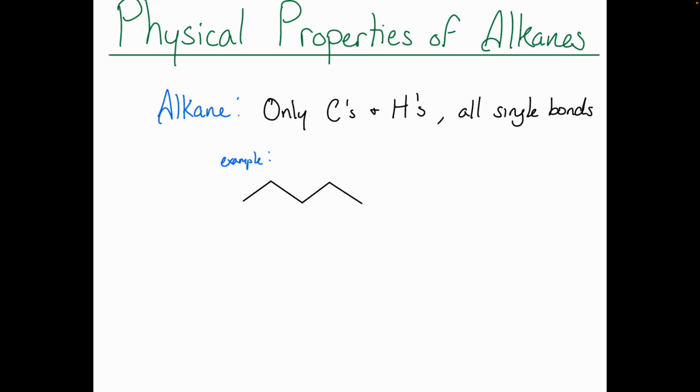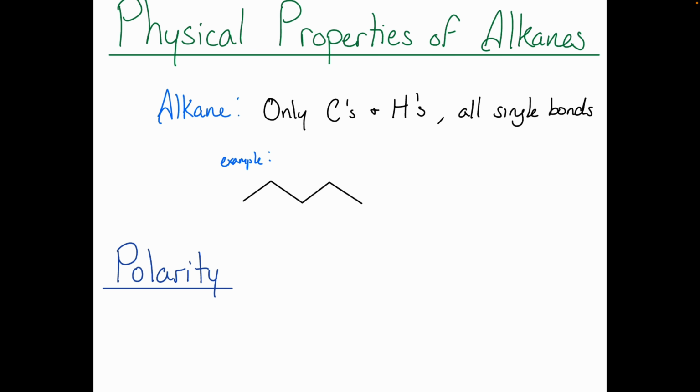All right, so the first physical property of these alkanes that we're going to discuss is their polarity. What do we think about this functional group? Polar, nonpolar, somewhere in the middle. Nonpolar, and is it very nonpolar or just a little bit nonpolar? Yeah, this is as nonpolar of a molecule as you could possibly have, right?